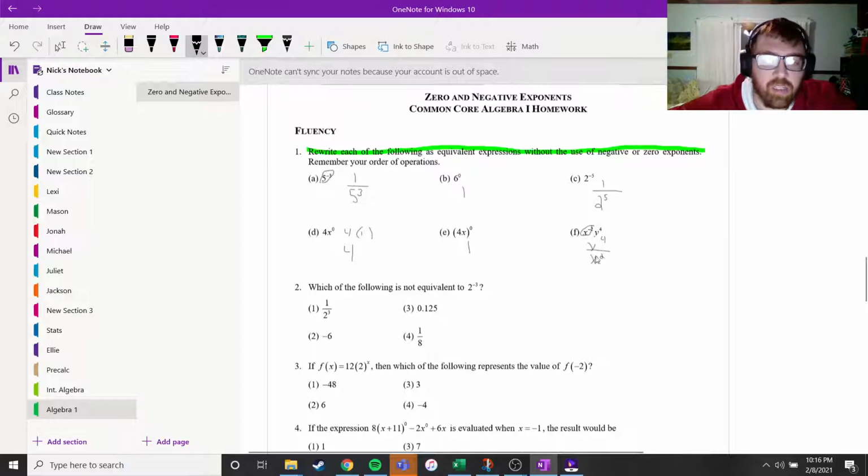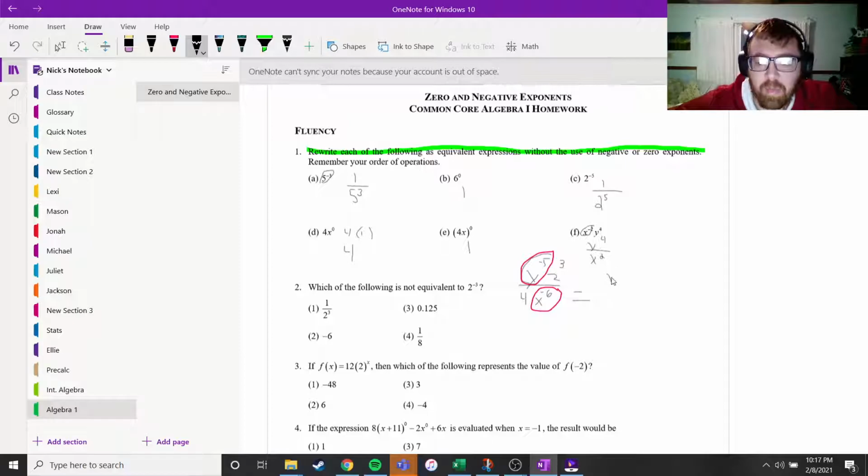Now, we haven't addressed this in here, but let's say that I had an expression that was something like y to the negative fifth, z to the third over 4x to the negative sixth. Here, we would want to simplify this. We're going to move, I'll put it in red, we're going to move the y down, and we're going to move the x up.